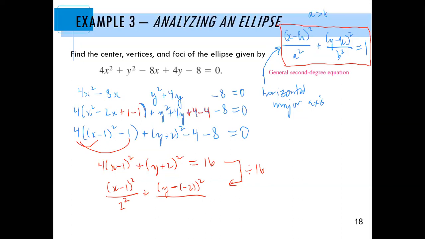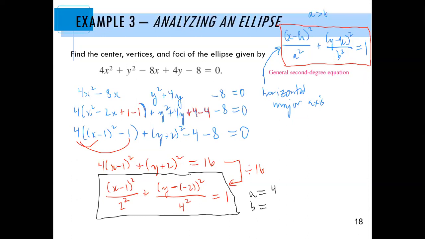But what would be down below the y minus negative 2 quantity squared? 4 squared. Okay, so that's equal to 1.